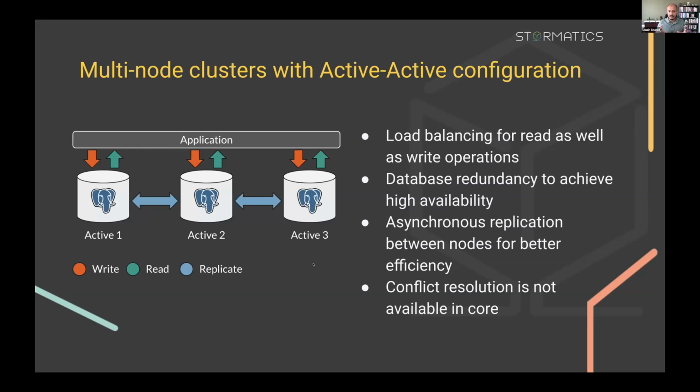So such a cluster needs to be designed in a way where the conflict resolution or conflict awareness comes at the application level. So the application needs to know which node to write to.